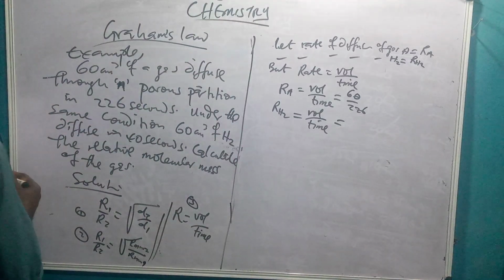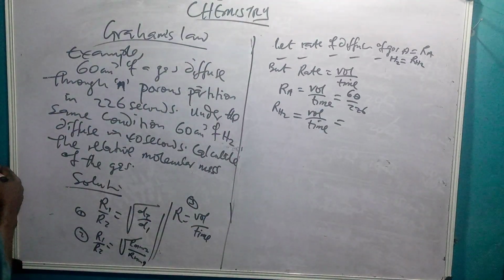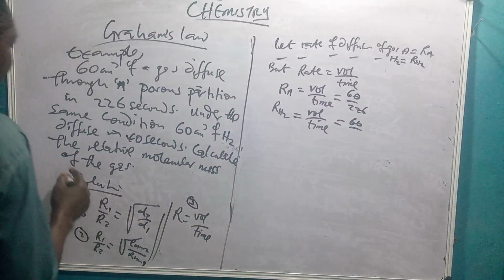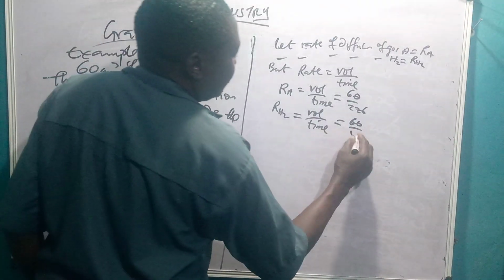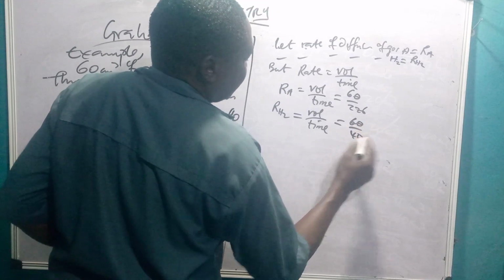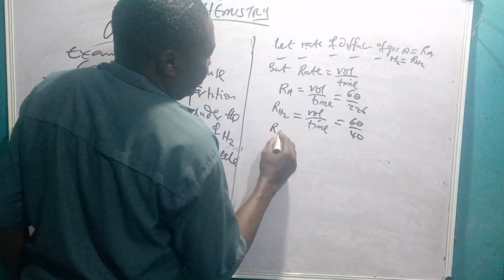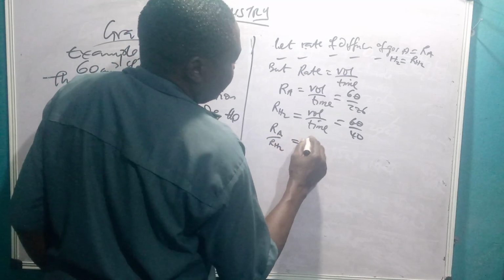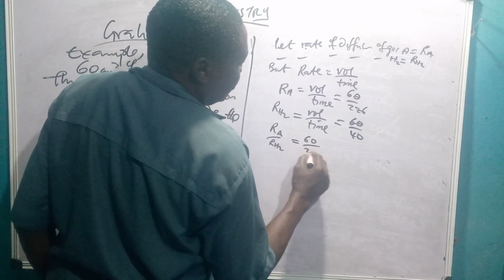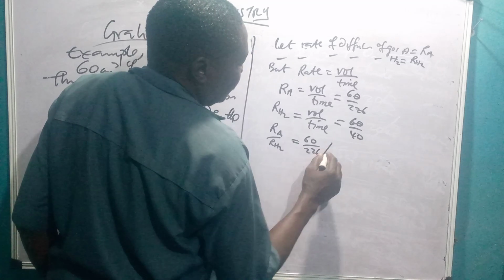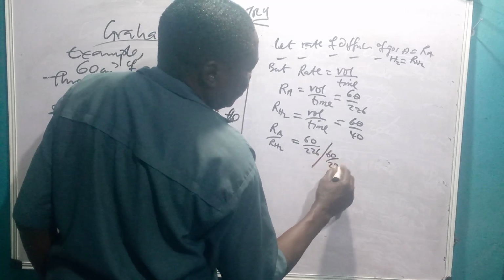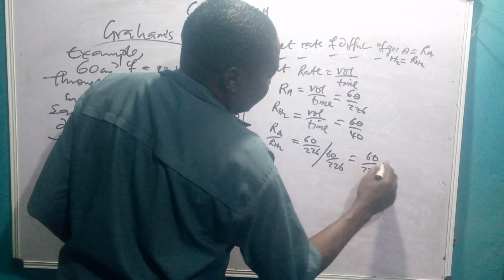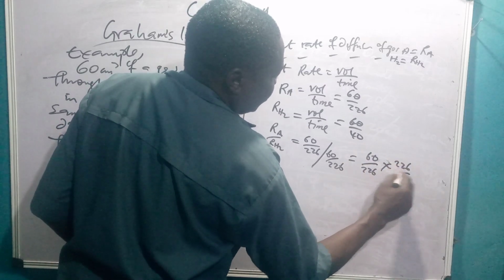And we know that under the same condition, 60 cm cube of hydrogen becomes 60 over the time, which is 40. Then RA over R_H2 will be 60 over 226, everything over 60 over 40.